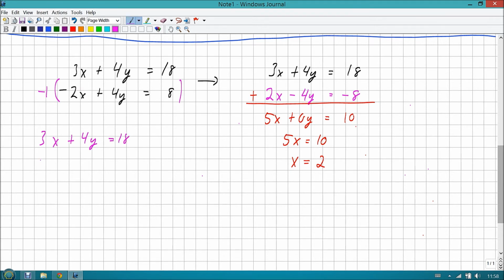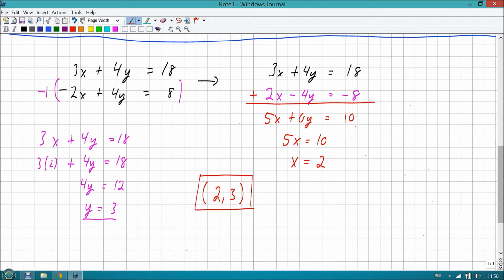My x is 2, so this becomes 3 times 2 plus 4y is equal to 18. 3 times 2 is 6. Subtract 6 from both sides. I now have 4y is equal to 12, which means that y is equal to 3, which gives me the ordered pair 2, 3. So 2, 3 would be the intersection of the two lines, or the solution for this system of equations.